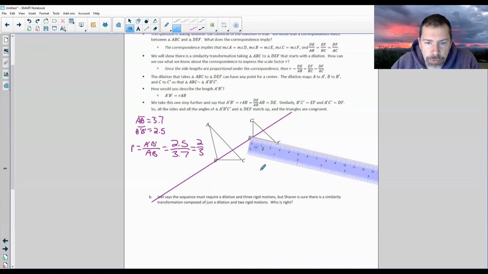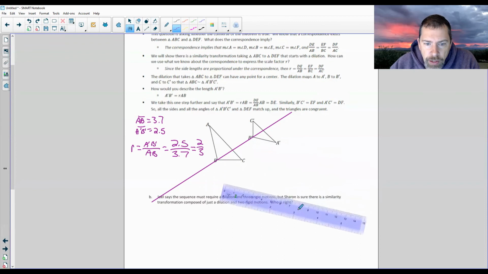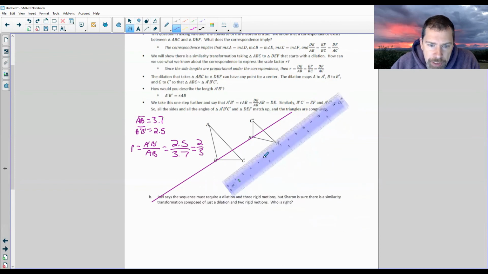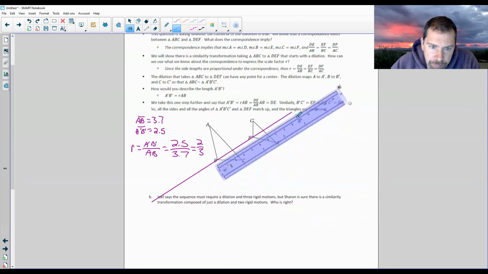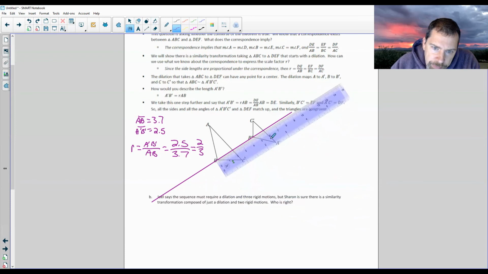So it's a 3:2 proportion. Okay, so now going back to my B to B prime length. Hopefully you're following this. Trying to be as accurate as possible. B to B prime is 4.5.